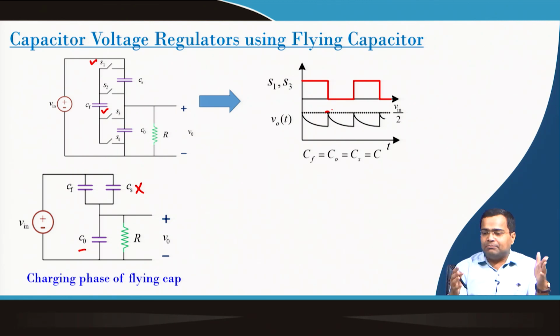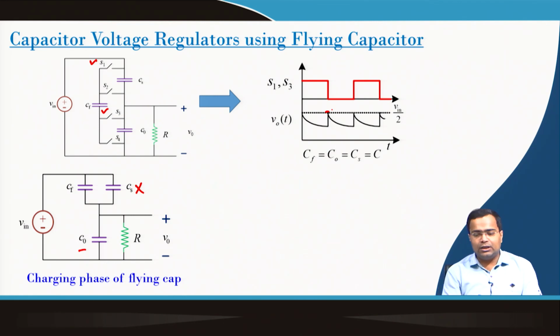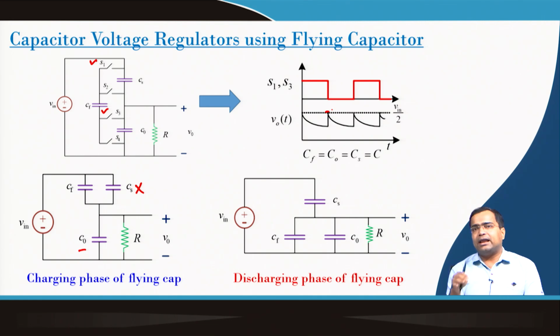But if you wait for some time, the same problem happens. The voltage across the flying capacitor will build up and the voltage across the output capacitor will go down, but the total voltage across the two capacitors will be constant, which is nothing but the input voltage. So, we need to quickly take this capacitor back and connect it to the load capacitor, the output capacitor.